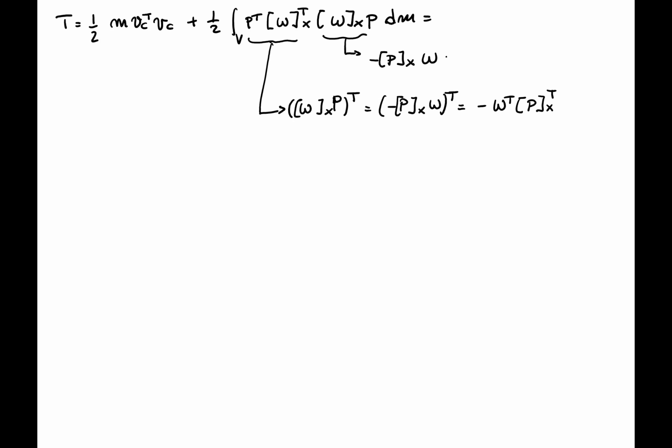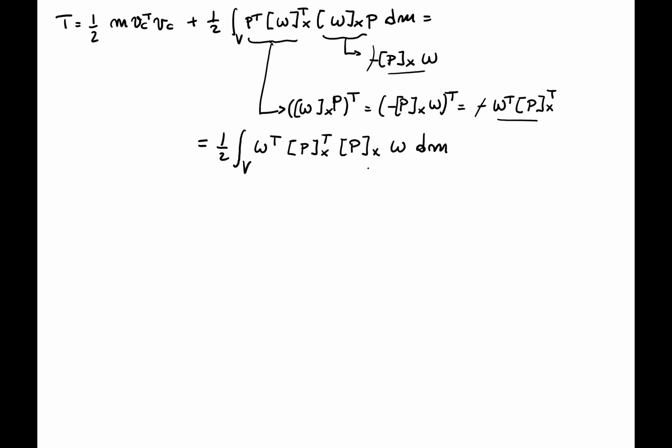Remember the property of cross product. So we have something that is kind of symmetric, right? We have omega transpose, the minus goes away because we put one after each other, and we have P, symmetric matrix, transpose times P, symmetric omega.